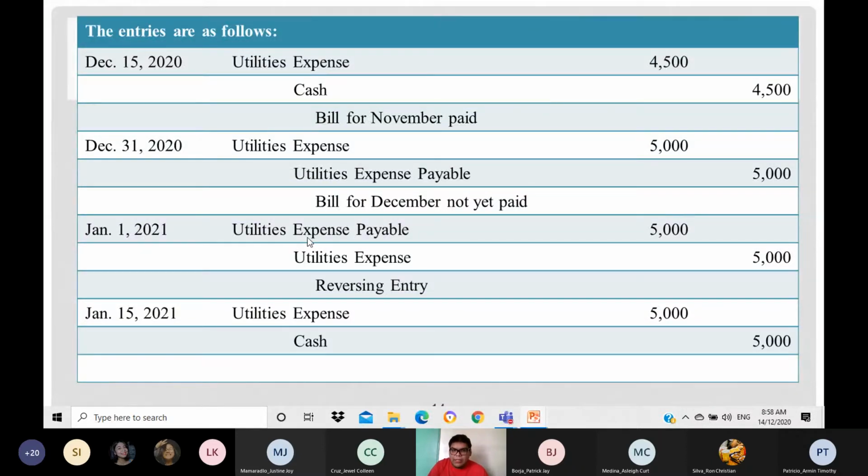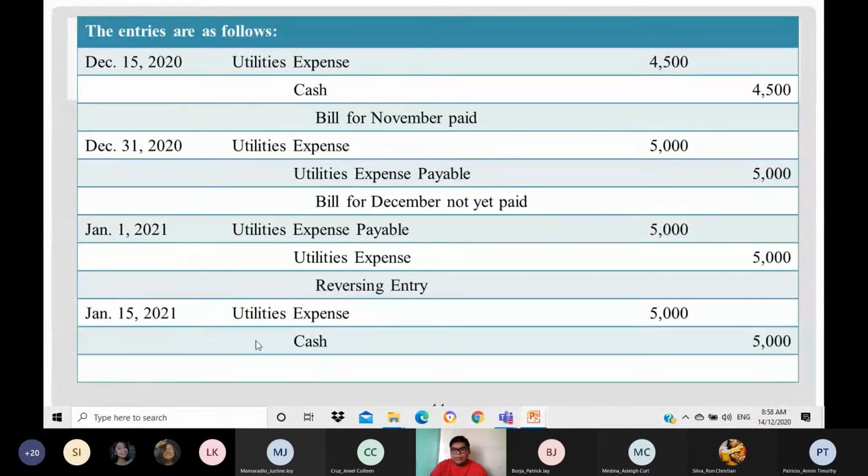And credit of utilities expense na 5,000. So meron kang kailangan bayaran. And then, as you can see, January 15 and December 15, they are the same.